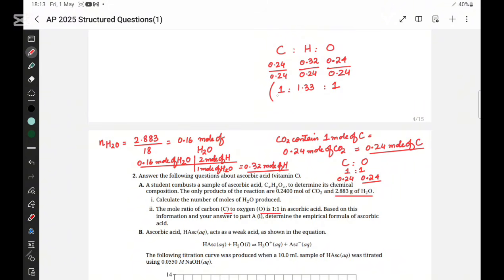For that purpose, I'm multiplying this with the value 3 to convert it into whole number. 1.33 times 3 is 4, and that is going to be 3 as well. So it becomes C3H4O3.